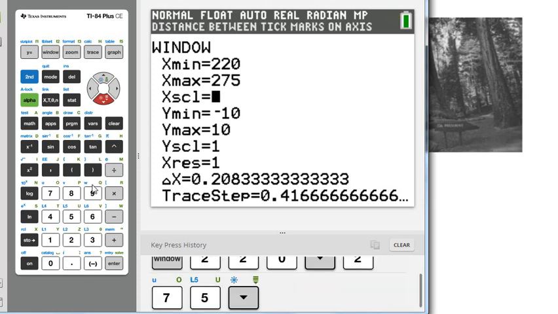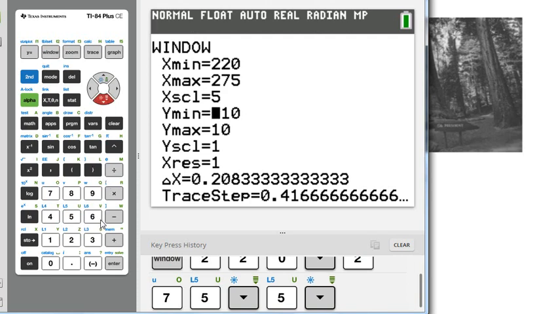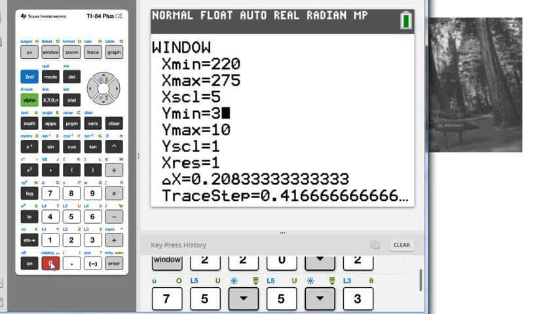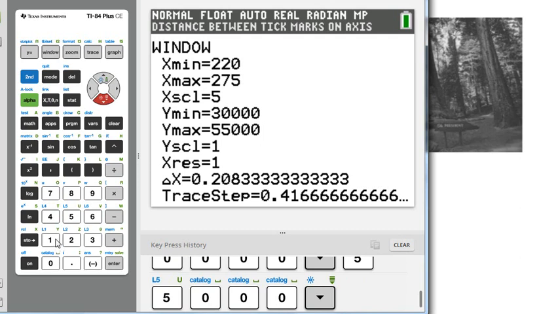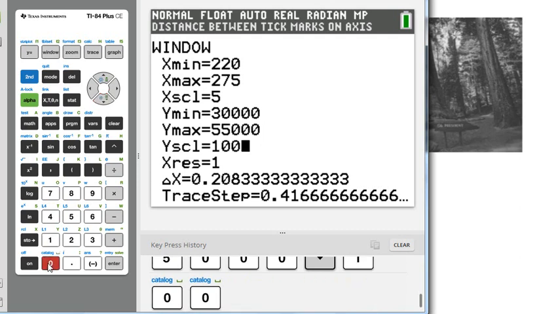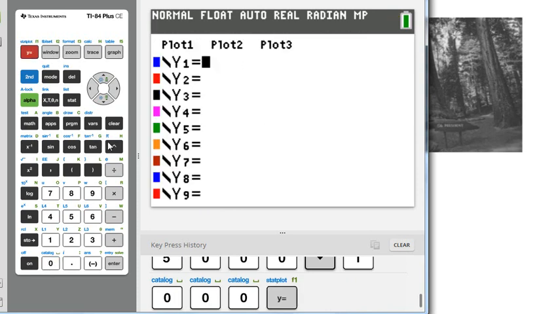I'm going to have that scaled by 5 foot increments. And then for the y values, we have 30,000 as the y minimum and 55,000 as the y maximum, and I'm going to scale that at 1,000 foot increments.